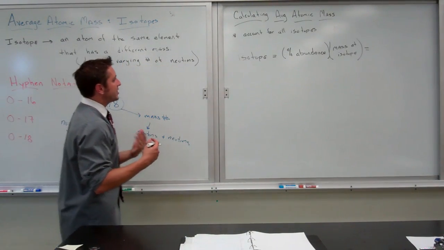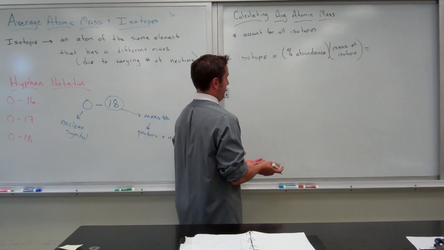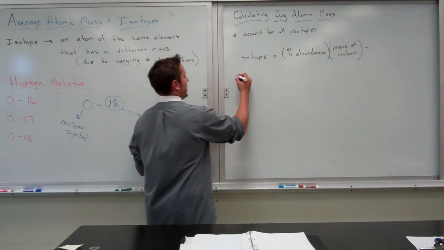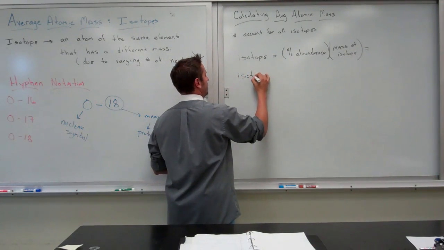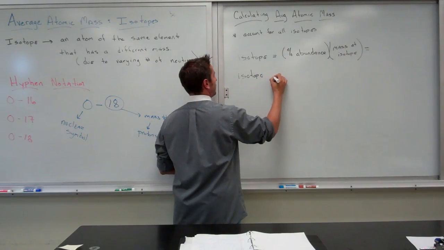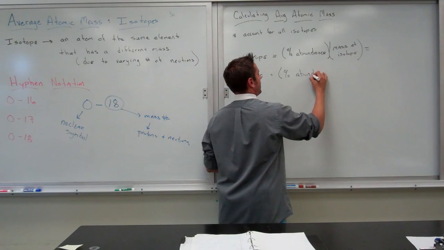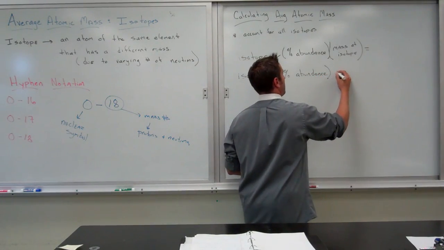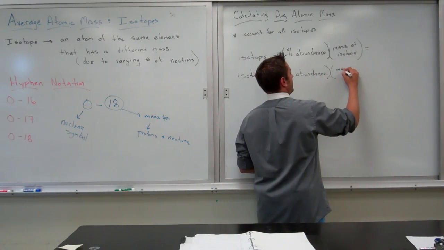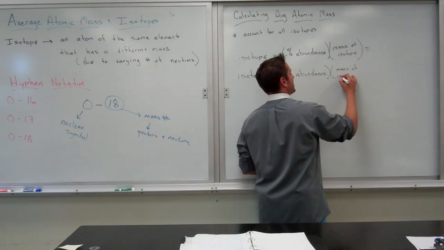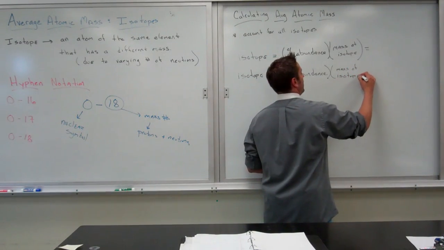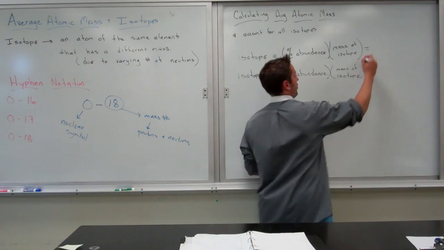We have to do this for each isotope. Right? So what you'll have to understand is if we would have 2 isotopes, we would have 2 percent abundances times the mass of each of those isotopes, and those would each get me a number.